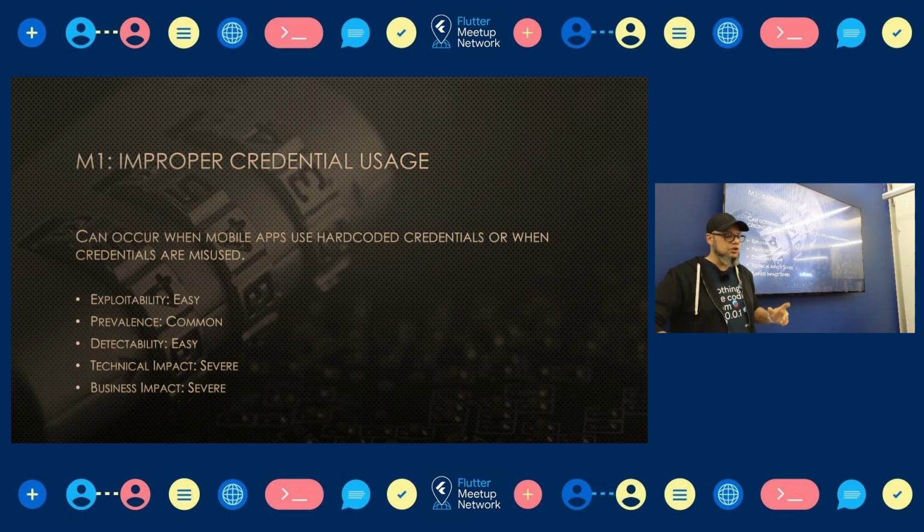We're going to start with number one, which is improper credential usage. Improper credential usage can occur when mobile apps use hard-coded credentials or when said credentials are misused. So basically, any instance of a mobile application that doesn't correctly handle credentials within the app can trigger an M1 on a security tool.